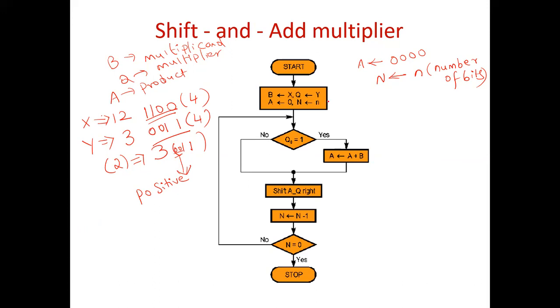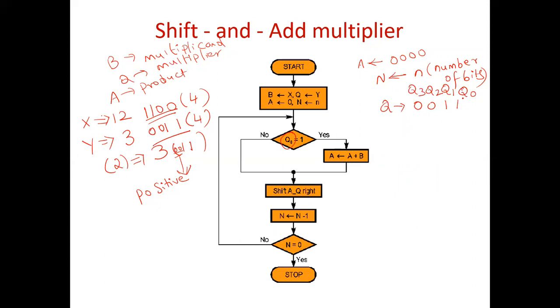So n represents the number of bits. What is Q actually? Q is the multiplier. In the decision box we have Q naught. If Q is 0011, then this is Q naught, this is Q1, this is Q2 and this is Q3.